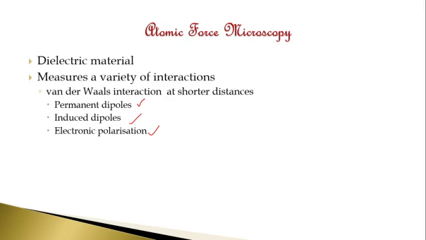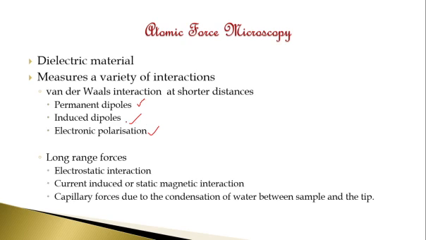Some kind of interaction has to be felt between the tip and the surface. It could also measure long range forces like electrostatic interaction, current induced or static magnetic interaction, and capillary forces.